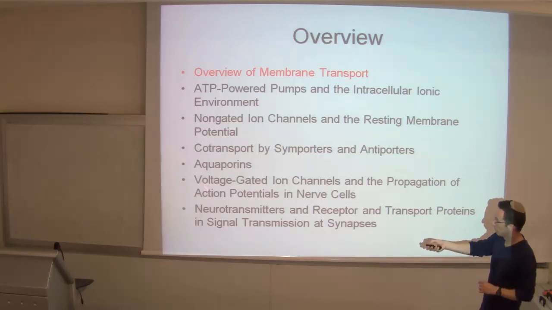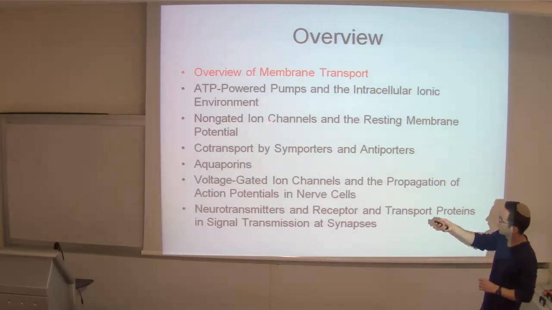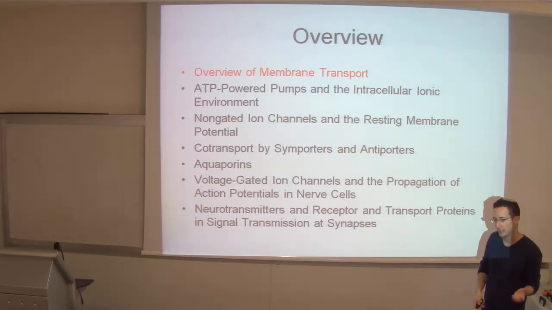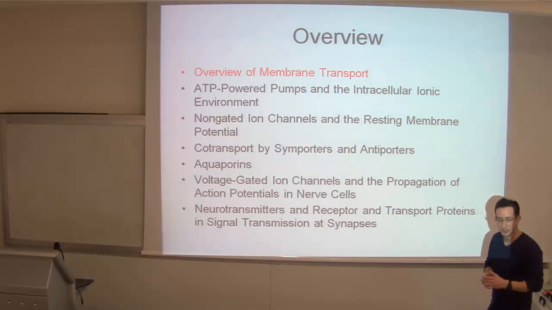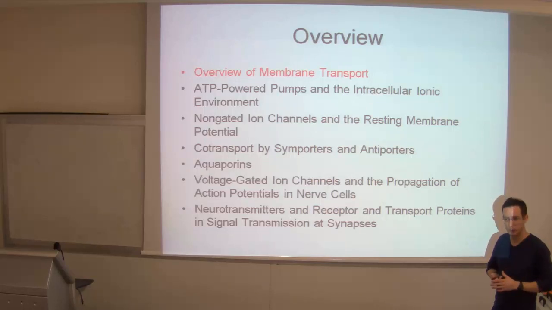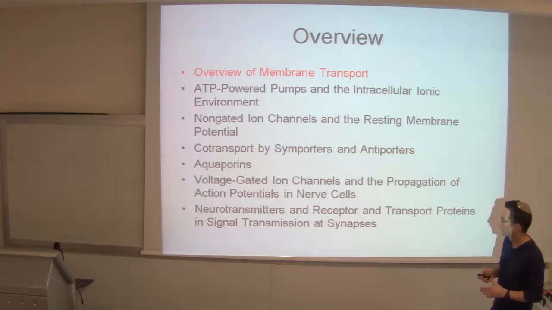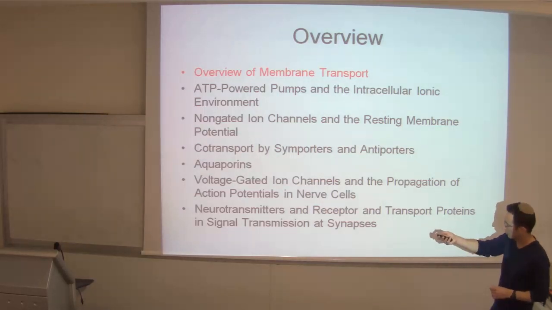Then we focus on voltage-gated ion channels, as opposed to non-gated ion channels. There are gated ion channels with a gate component that's affected by different features: stretch, mechanical pressure, or electrical potential, and so on.